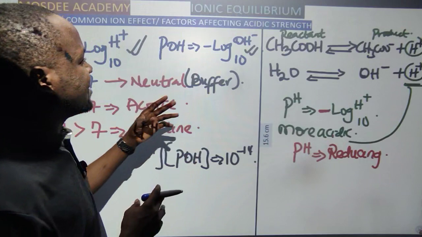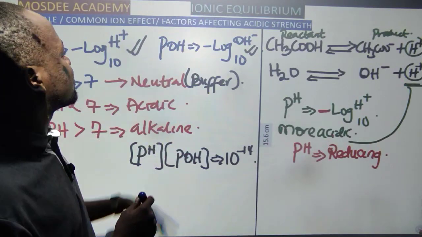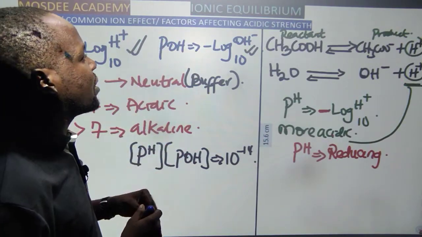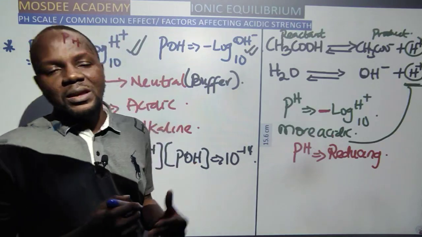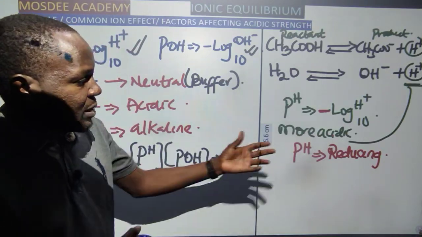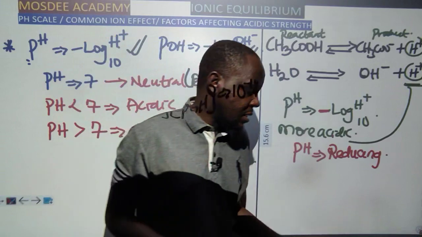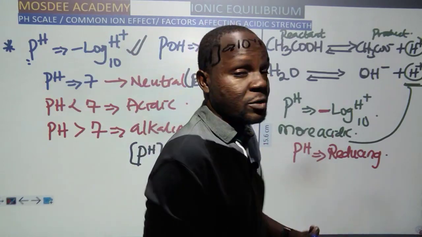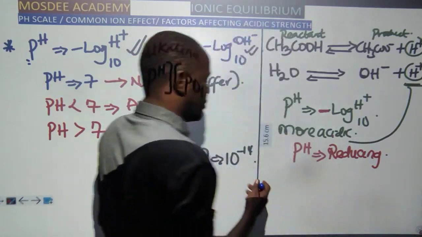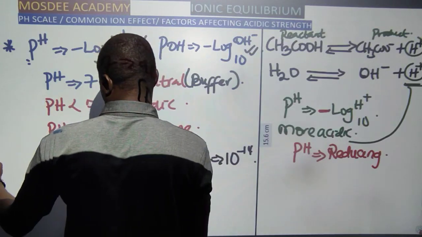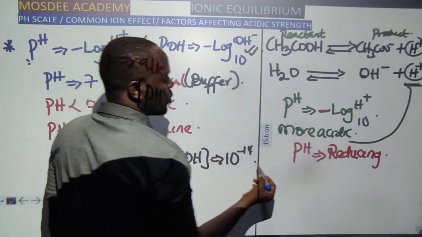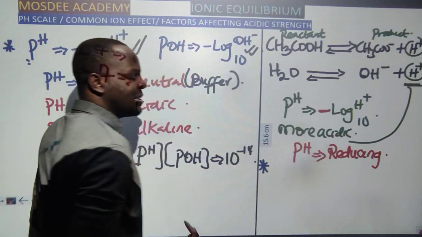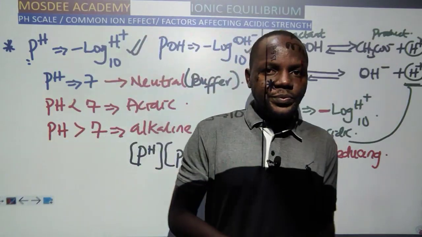Now, that will lead us to the last aspect on this part, which talks about factors affecting the acidic strength. That is talking about the level of the acid. There are a lot of factors I can list here, but because of my time and other things I still have to explain, one factor you can always keep in mind is the rate of dissociation.